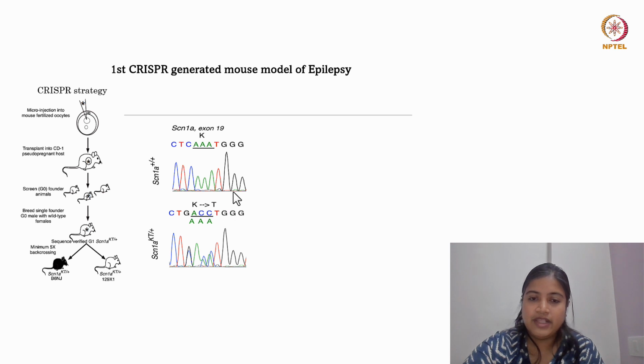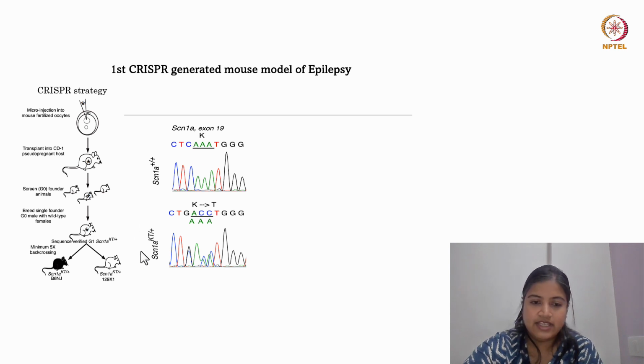To confirm that the mutation introduced using the CRISPR strategy had actually worked, we sequenced the heterozygous mouse and compared it with the wild type mouse. On the top we have a wild type mouse. Here the SCN1A gene codes for lysine at the expected position.